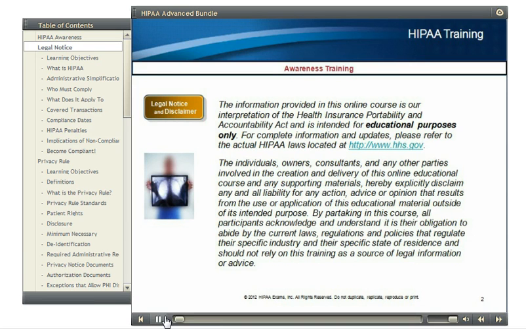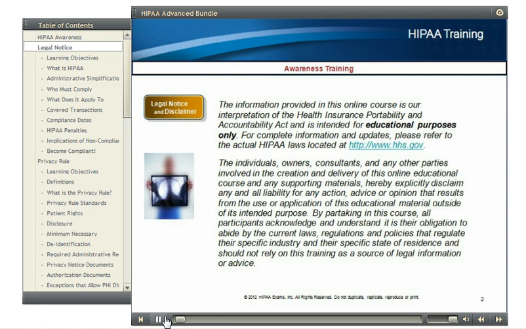The individuals, owners, consultants, and any other parties involved in the creation and delivery of this online educational course and any supporting materials hereby explicitly disclaim any and all liability for any action, advice, or opinion that results from the use or application of this educational material outside of its intended purpose.